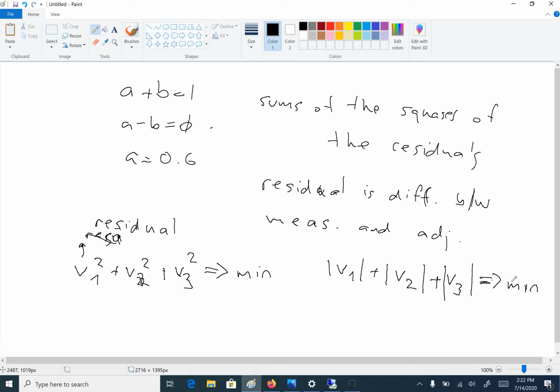And that's another method. That's another way to go. However, there are some drawbacks of that. And what would be a drawback?